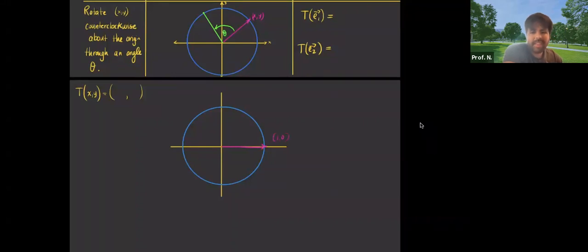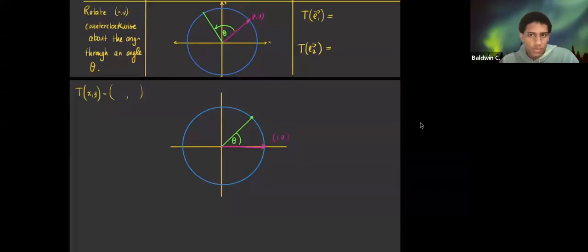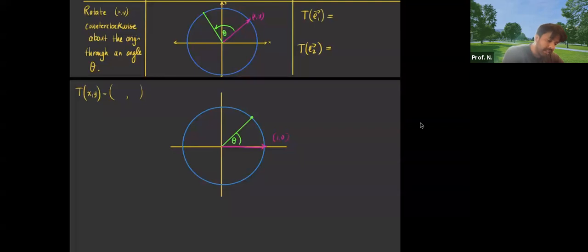I want to rotate this by theta. And hopefully something starts to spark in your head. If I rotate this by theta, do you guys know the new coordinates? Would it be cosine? Something cosine. Yeah. Remember you guys talked about this back in the trigonometry period of your life?